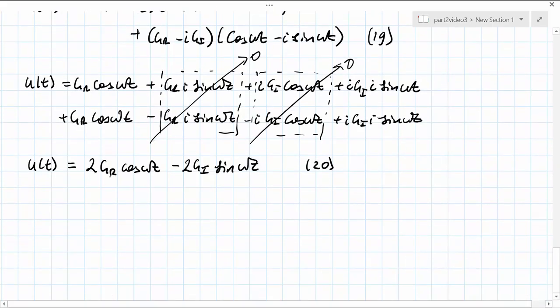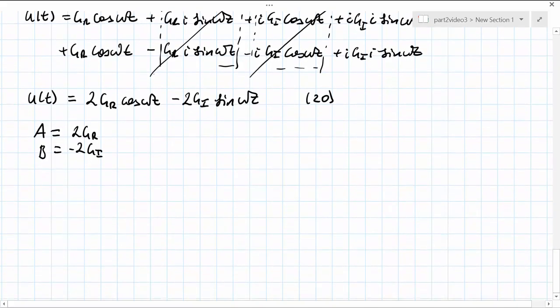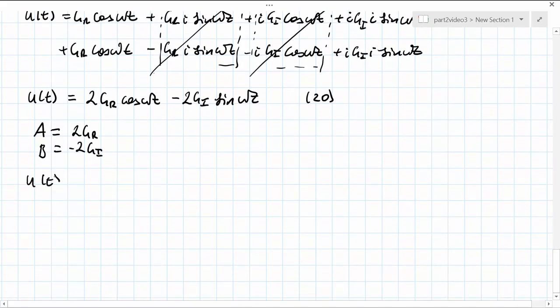Noting that 2 times gr and minus 2 times gi are basically just constants that we haven't really determined yet, we can now just define these as being A equal to 2 times gr and B being equal to minus 2 times gi. This means then that u(t) can be rewritten as A cosine omega t plus B sine omega t.